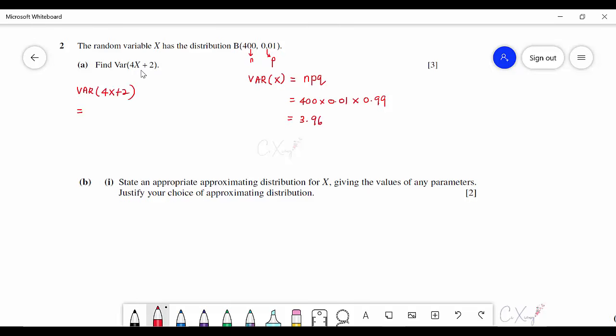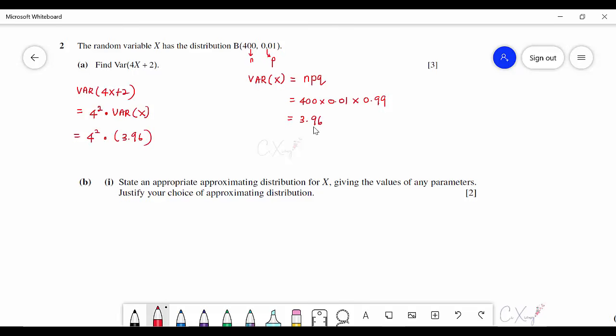It is equal to, so 4 is a multiple of x, right? It is multiplied with the x. So when you want to take it out from the variance, you should square it. So it becomes 4 squared multiplied with variance x, and then plus variance 2. Variance 2 is a variance of a constant number, so you always get 0. So you have 4 squared multiplied with 3.96, the value of variance x that you calculated just now.